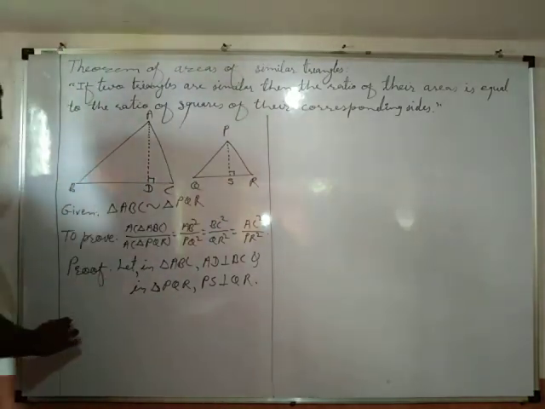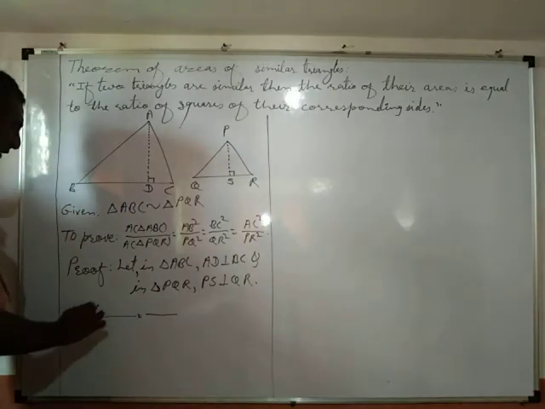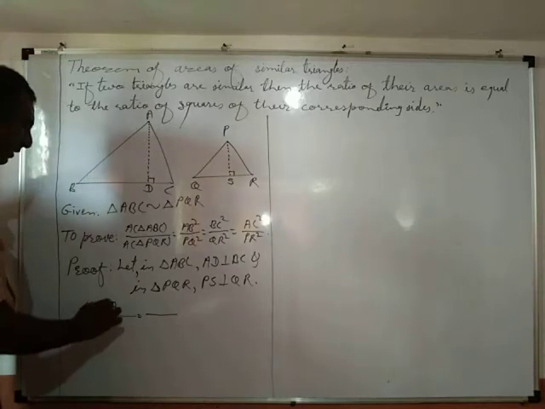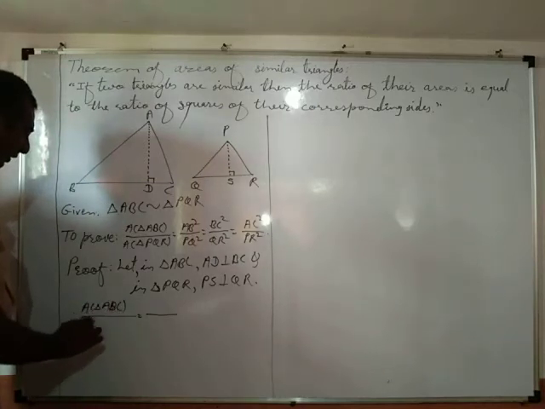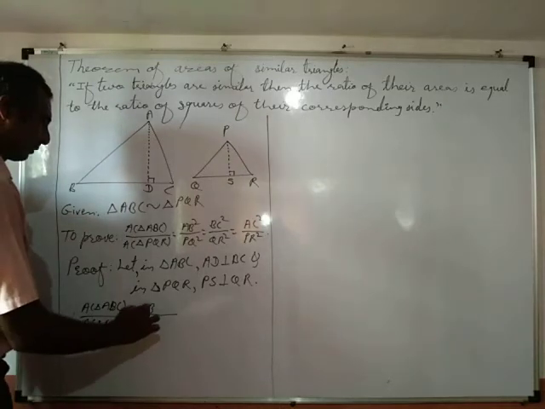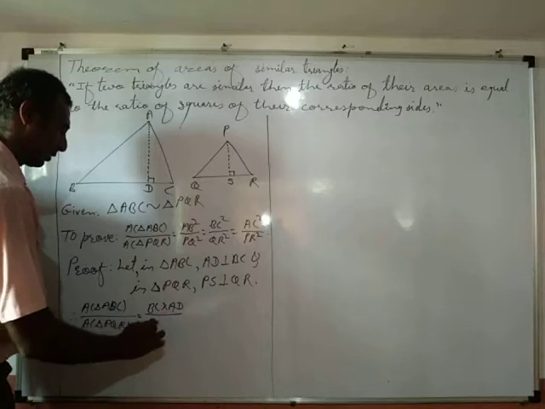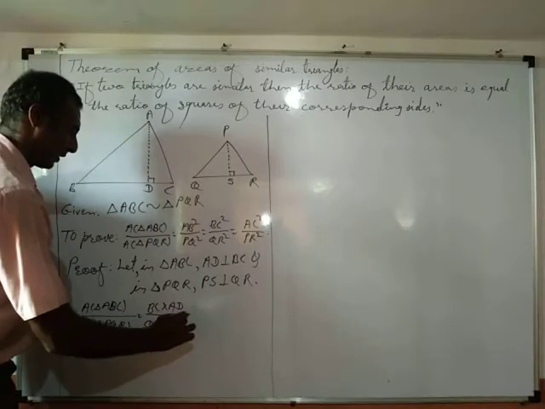Okay, and therefore, by that property we may mention area of triangle ABC upon area of triangle PQR equals BC into AD upon QR into PS.